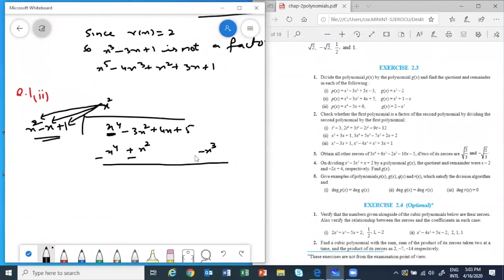Negative, negative, positive. So this will cancel out. Now, first we'll take x cube. What will be this? Minus 4x square plus 4x plus 5. Any doubt till here? All of you understood this?